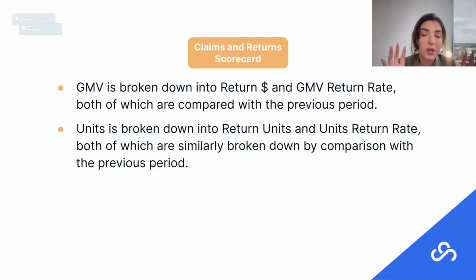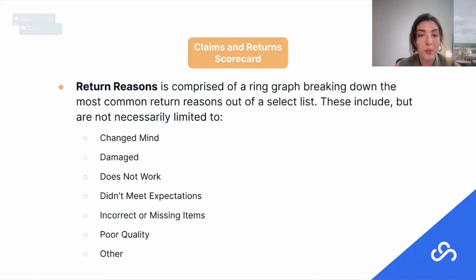And then to break down units, that's going to be in return units and return rate, which are going to be similarly broken down by comparison with that previous period. So it's going to be on that monthly cycle as well. All right, so return reasons are going to be broken down into a couple of the bullets below, and there's a ring graph that will show in one of the next slides.